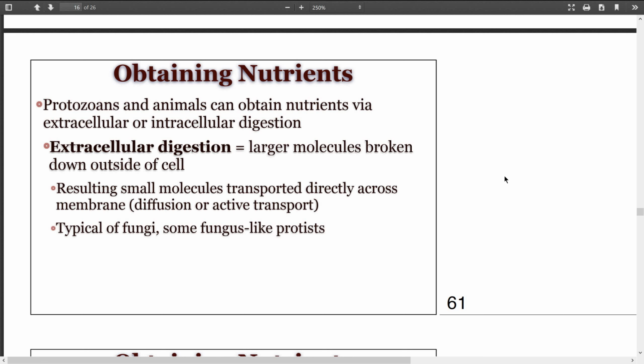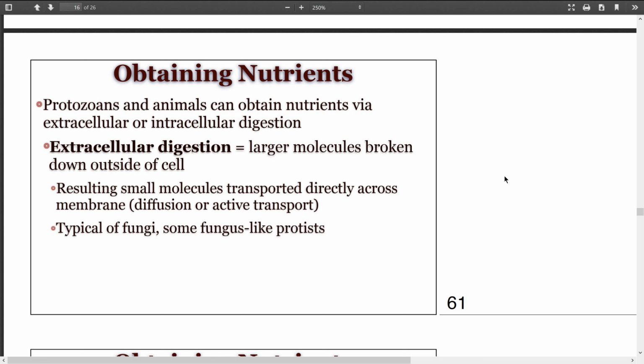That digestion can take place either inside or outside of the cell. So extracellular digestion is where the large molecules are basically broken down outside of the cell, and then the individual small molecules, as they're released, the individual sugars and amino acids and things like that, are then transported directly across the cell membrane using either diffusion or active transport, typically involving specialized channels for transporting them.